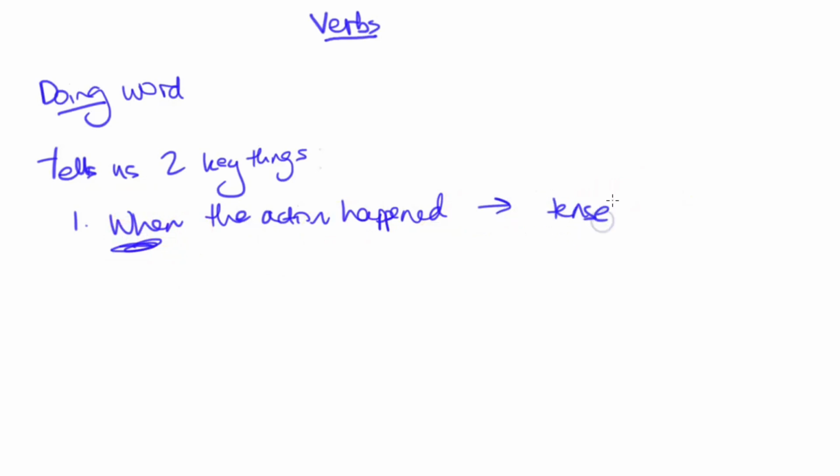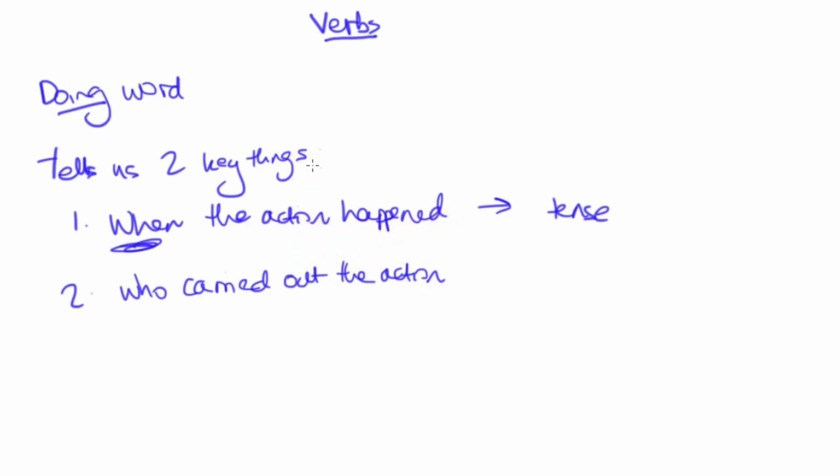If you study other modern languages, you'll be very familiar with the idea of tense. The second thing verbs tell us is who carried out the action. So, was it the dog?